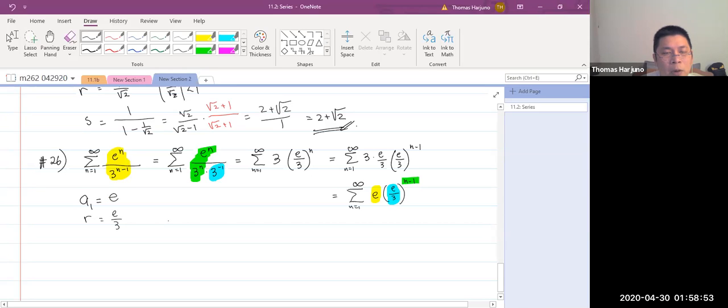Now e is approximately 2.72, divided by 3, that's definitely less than 1. So the absolute value of r is less than 1. Therefore, we can find the infinite sum, which will be the first term over 1 minus the common ratio. Multiply the top and the bottom by 3, I get 3e over 3 minus e.